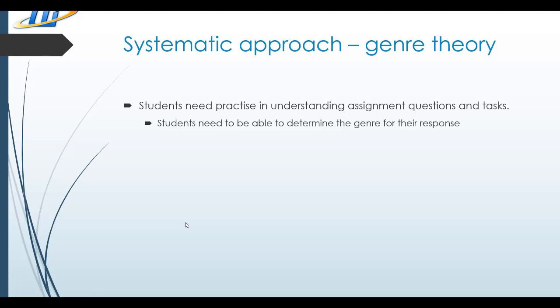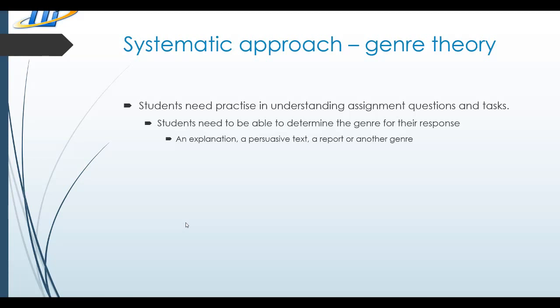Earlier, in relation to developing reading skills, it was mentioned that students need practice in understanding assignment questions and tasks. So students need to be able to determine the genre for their response. Will it be an explanation, a persuasive text, a report, or another genre?